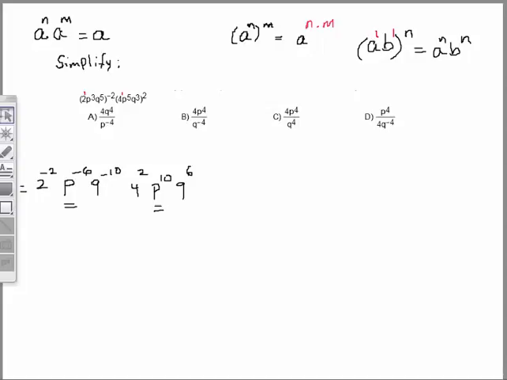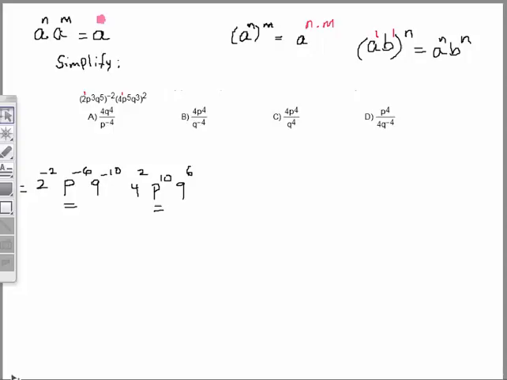Oh, okay. Let's see. Anyone else? Marian, how about you? Wouldn't it be a to the n plus m? Very good, yeah. Exactly, that would be a to the power of n plus m. You add the exponents here.